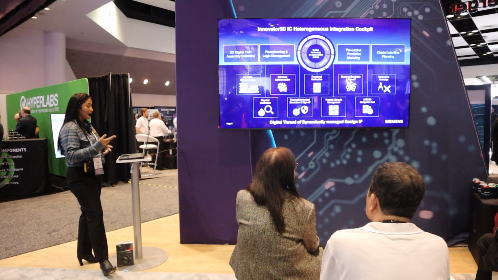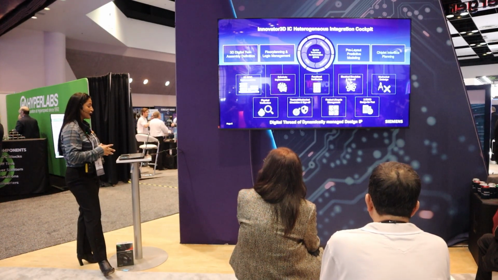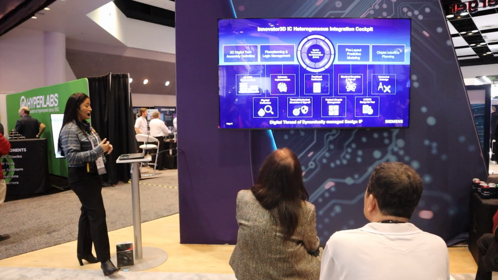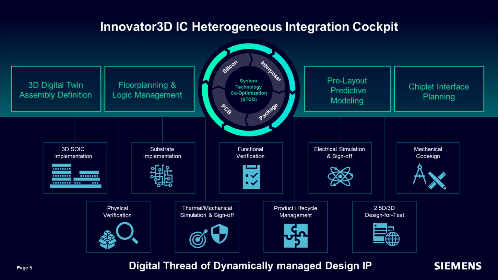So what is it? It's the evolution of XSI, or Xpedition Substrate Integrator, as I mentioned earlier, something that has been available for quite some time. That was our starting point, right? We built Innovator3D IC on a brand new architecture, and it has a brand new AI user-driven interface. It's available on both Windows and Linux.